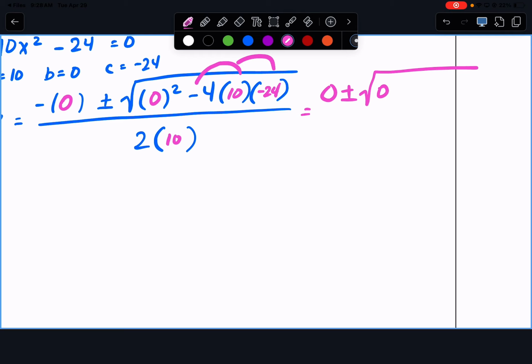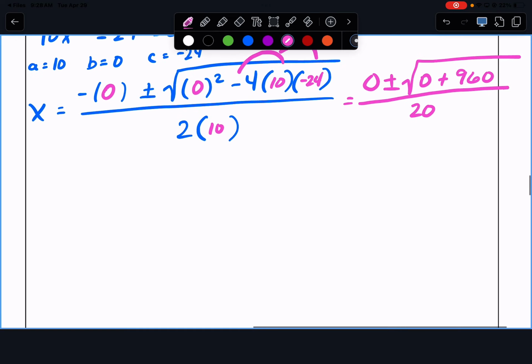160. All right, now divide that by 2 times 10, which is 20. So we get x is equal to plus or minus the square root of 960 divided by 20.